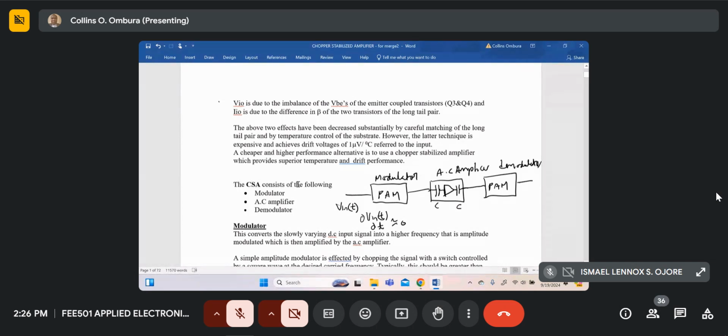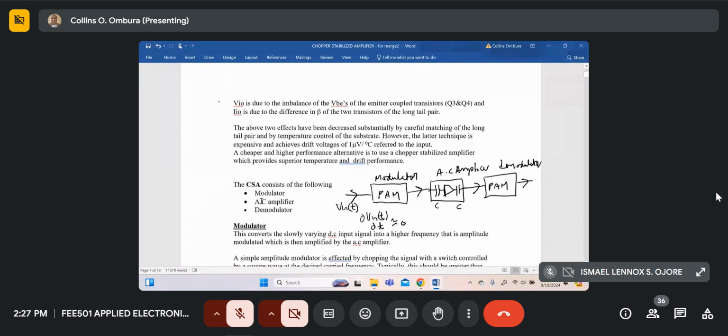So the chopper stabilized amplifier comprises the following: a modulator, which is the first stage. So the signal flow is in this direction. The first stage is a modulator, which will convert our slow varying signal into a pulse amplitude modulated signal.